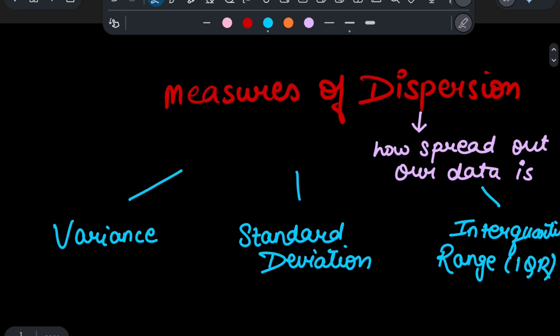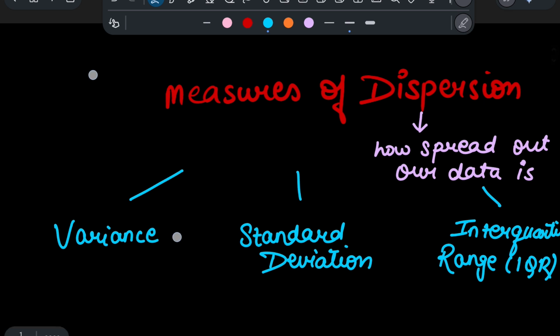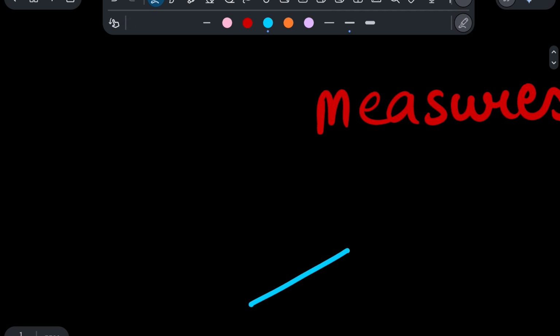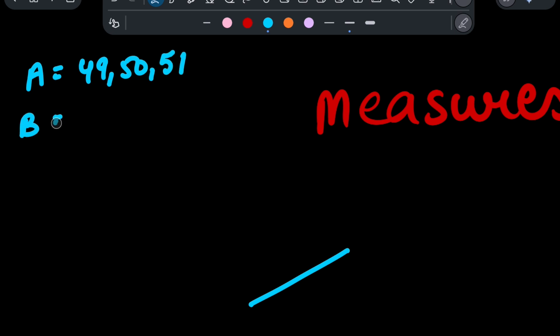For example, you have two data sets, and two data sets can have the same mean but different spreads. You have a data set A which has 49, 50 and 51, and you have another data set B which is 10, 50 and 90.